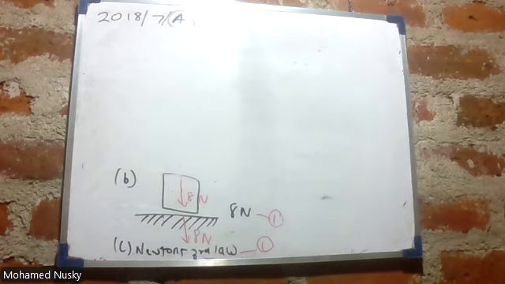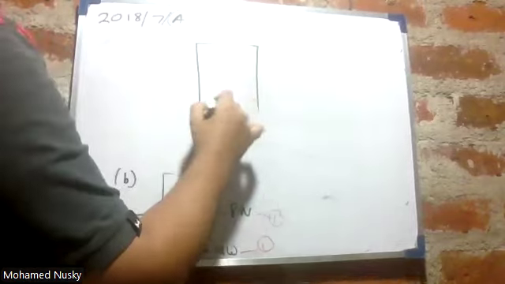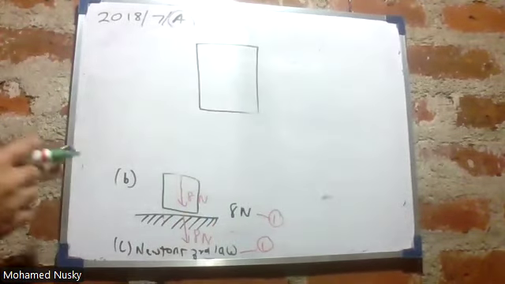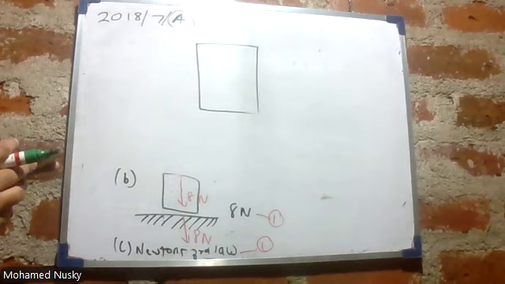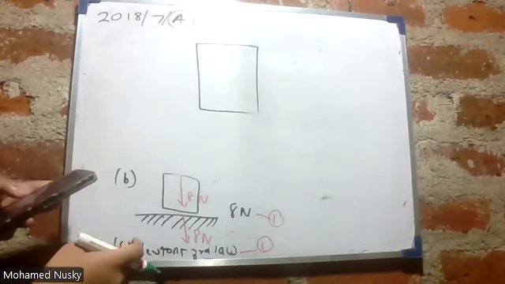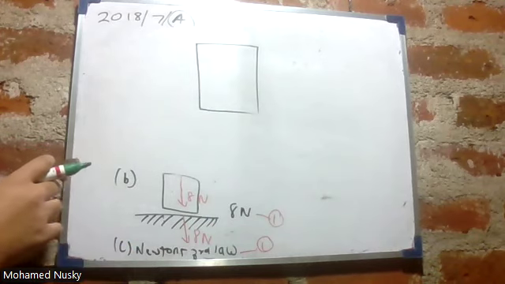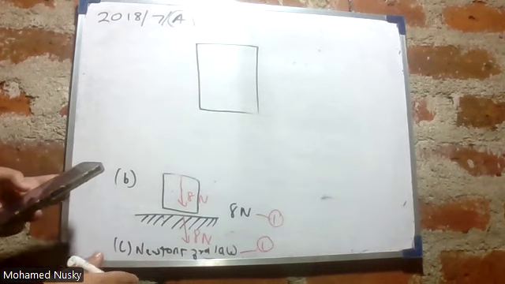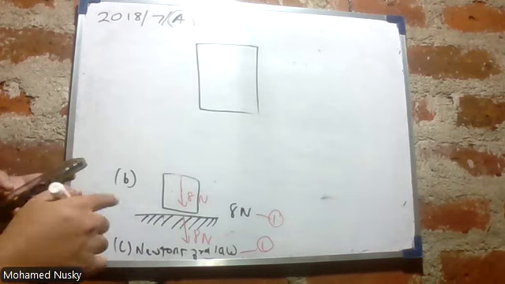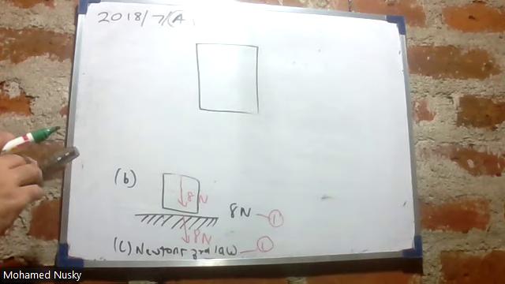Now, this you can think practically and you can get the answer for this. Here, I have a long block of wood, and it is said that this surface has friction, and they have also marked the friction.